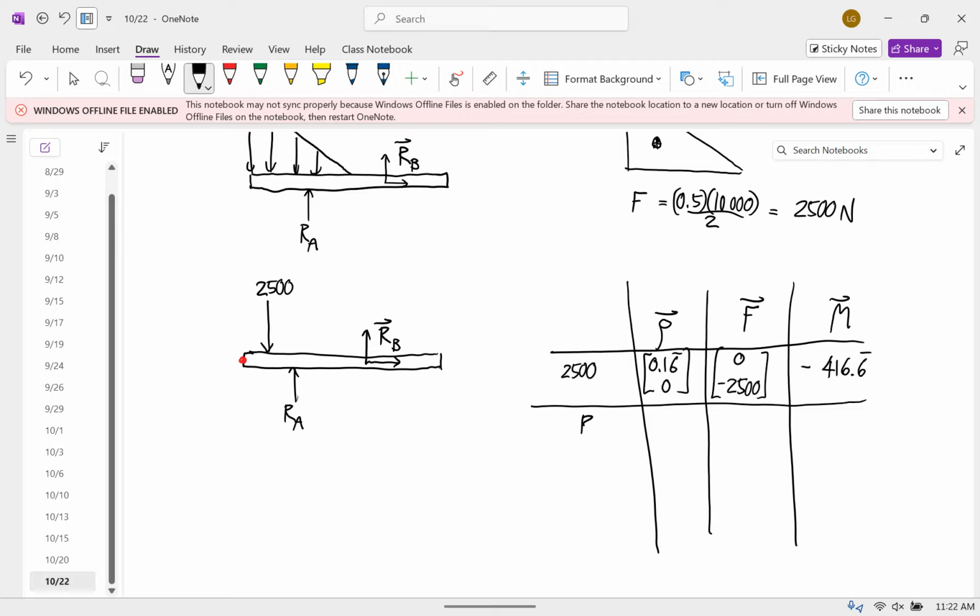And then the RA, the row vector is 0.3 repeating, 0. The force is 0, RA. So the moment is 0.3 repeating times RA.